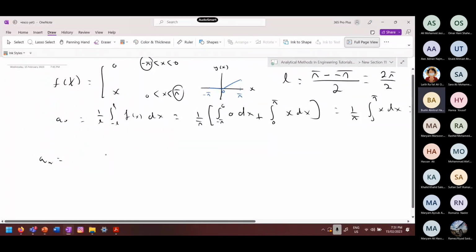An is equal to 1 over L, the same interval, same everything, but instead of f of x, you'll get 1 over L, negative L to L, f of x cosine n pi x over L dx.